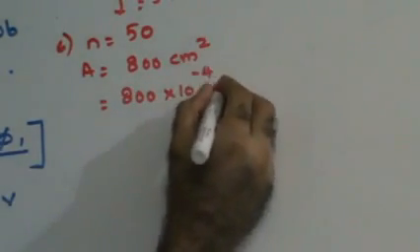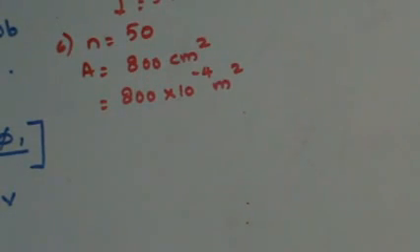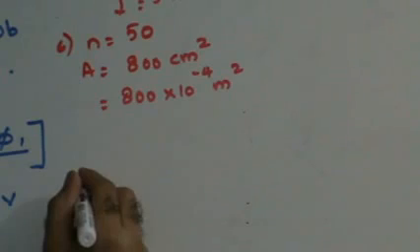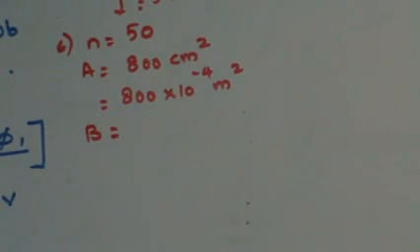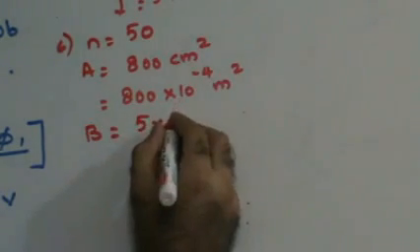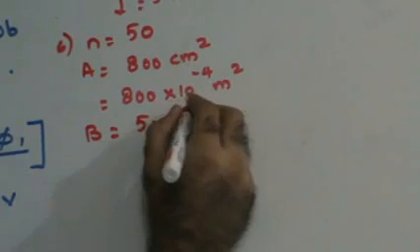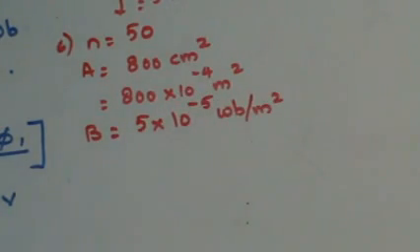It is held with its plane perpendicular to a uniform magnetic field of induction 5 into 10 raised to minus 5 Webers per meter square.